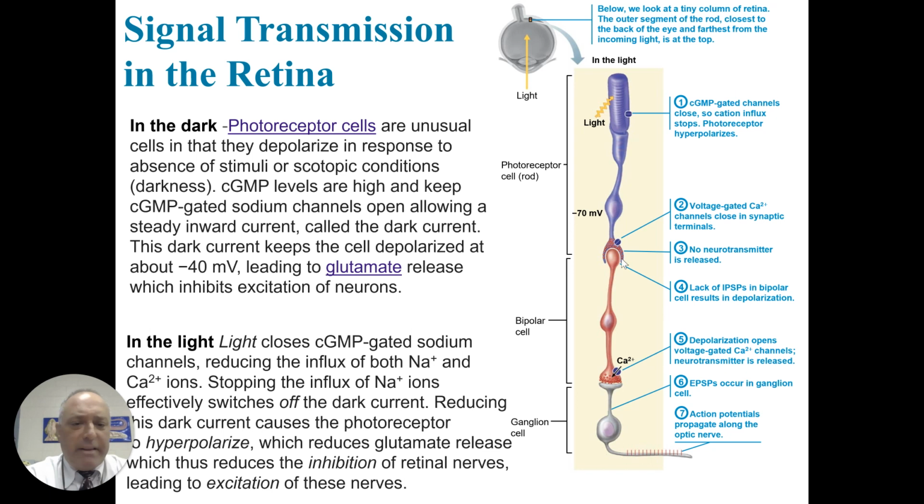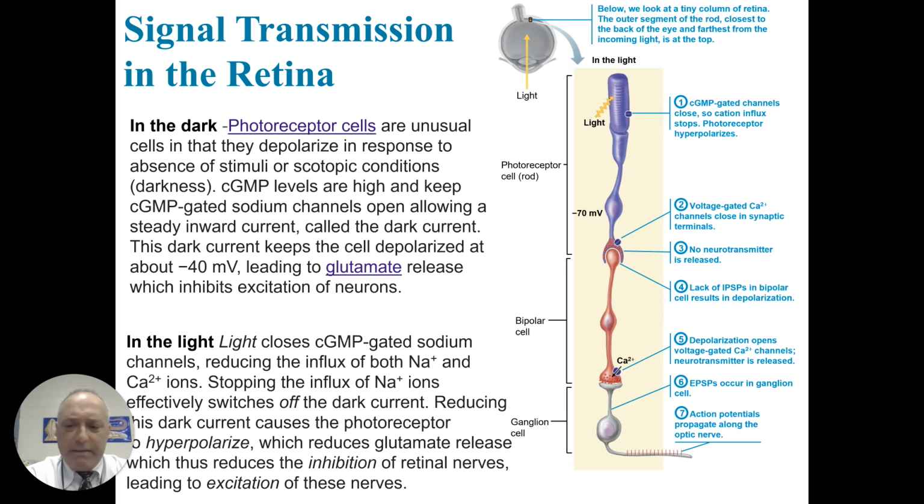Now I do want to say that the neurotransmitter that works in the dark is called glutamate, and so glutamate is shut off in the light. So in the dark, photoreceptors are depolarized, leading to glutamate release.